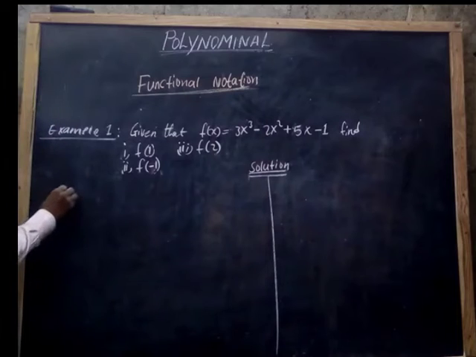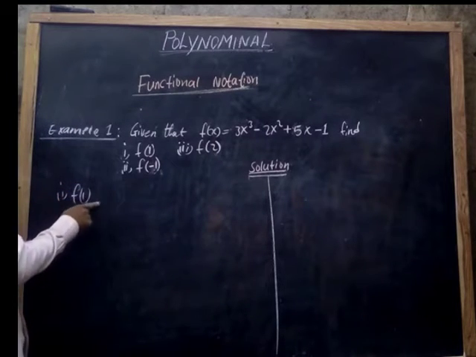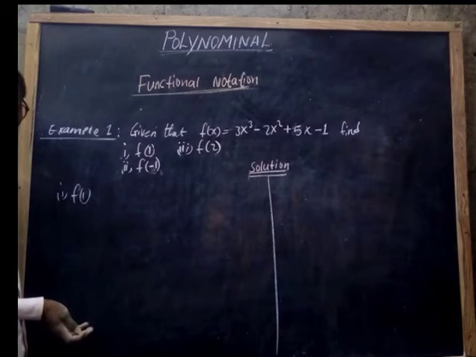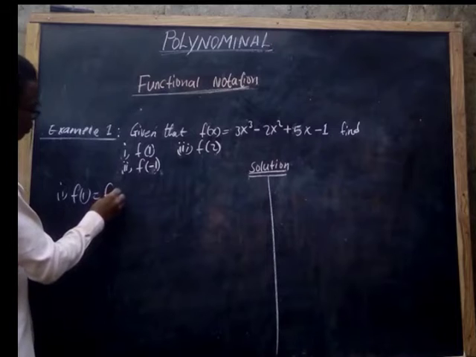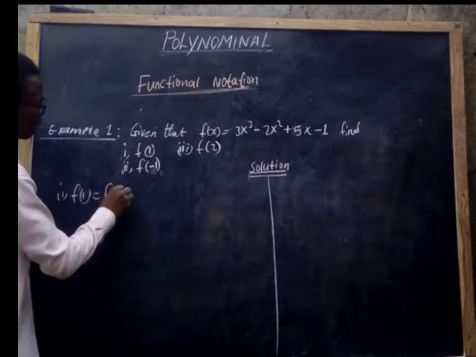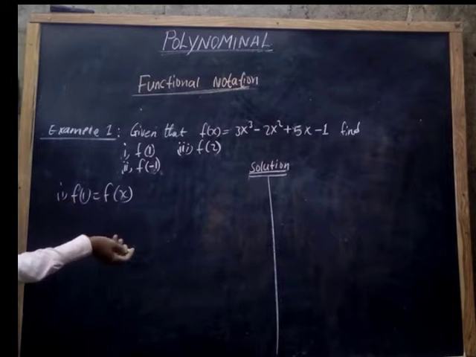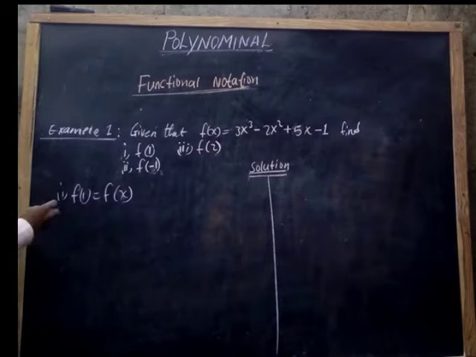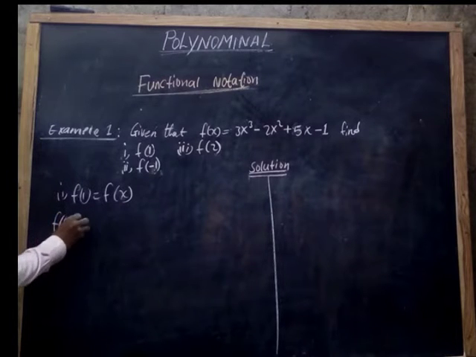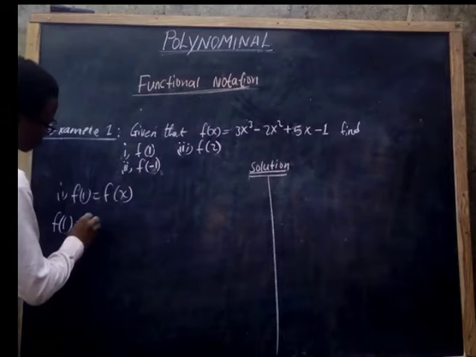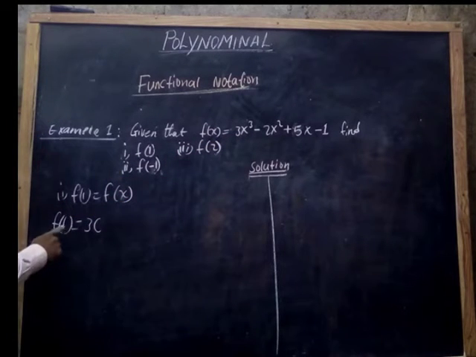Now let's take Roman 1, f of 1. This 1 is just equal to the value of x. So f of 1 equals 3 bracket, because anywhere you see x, you put 1.